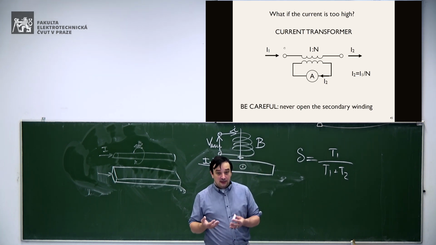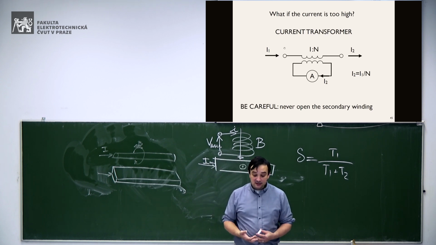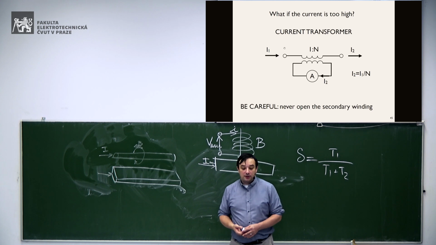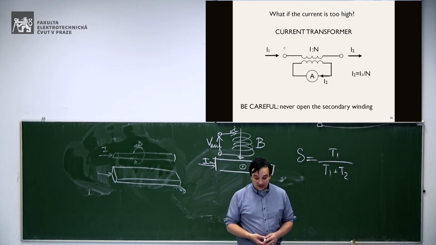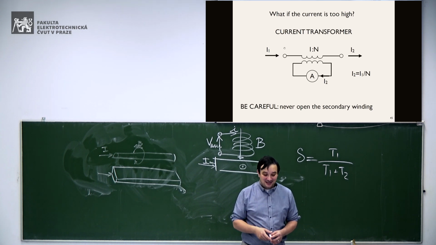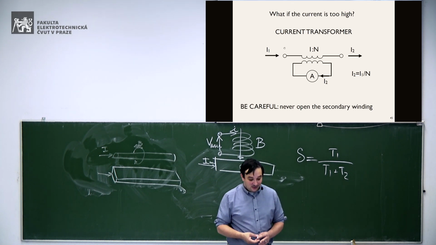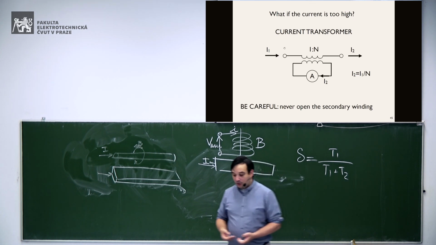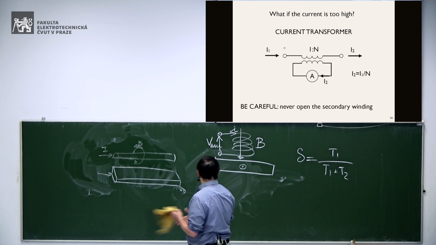For current, if you want to decrease the value of the current, a current transformer. Now, I'm not really sure if you know what a transformer is, so I should have done the survey before, like I did with the operational amplifier. So please drop me a comment if you know what a transformer is.